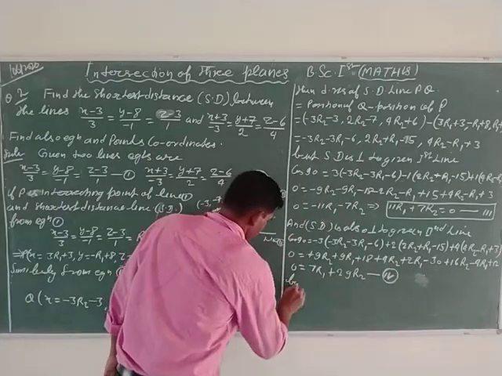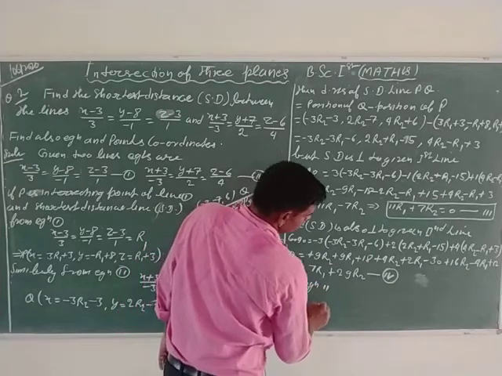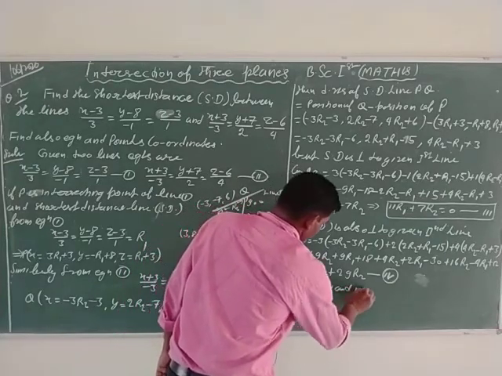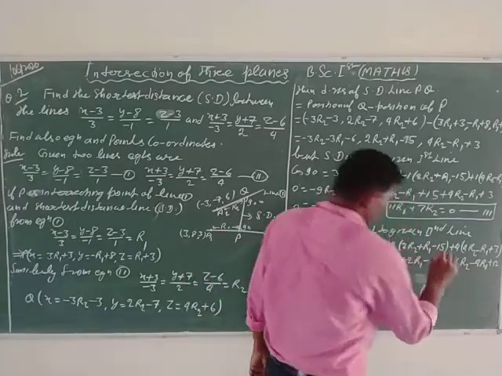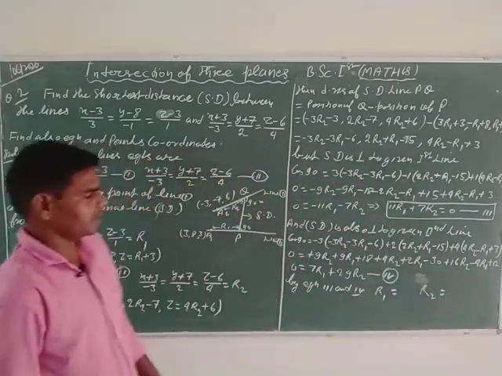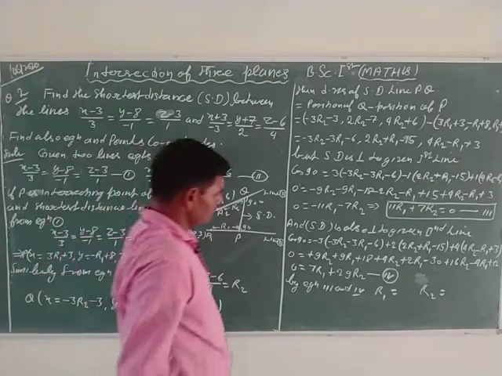By equations third and fourth, the values of R1 and R2 can be calculated. After this, the values of R1 and R2 are equal to 0.